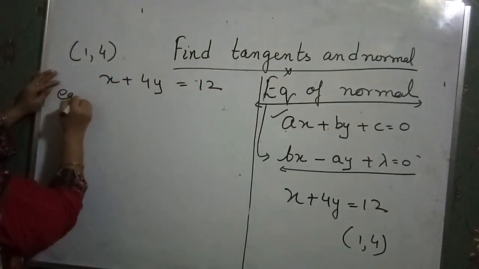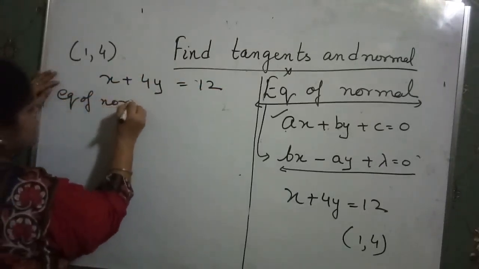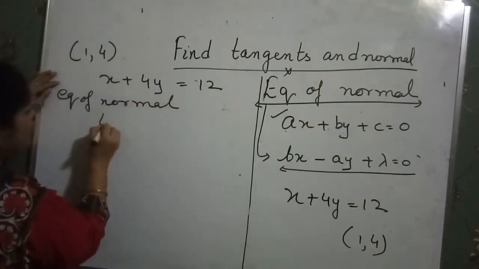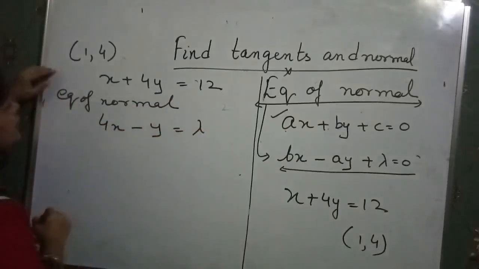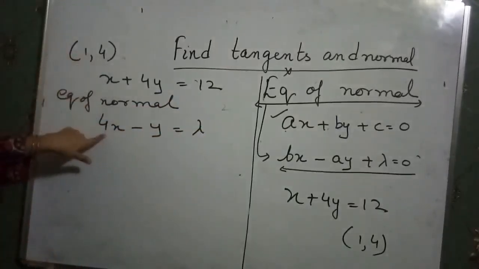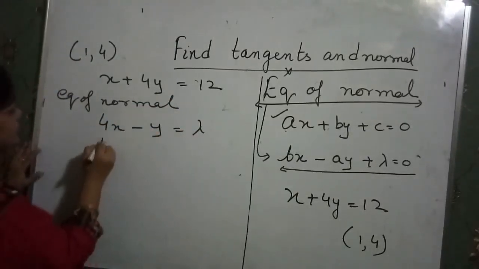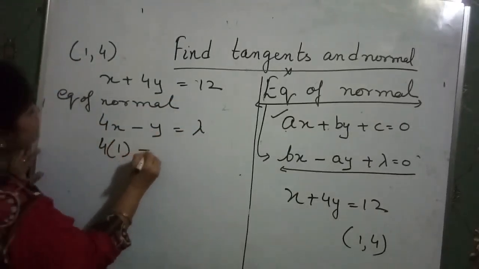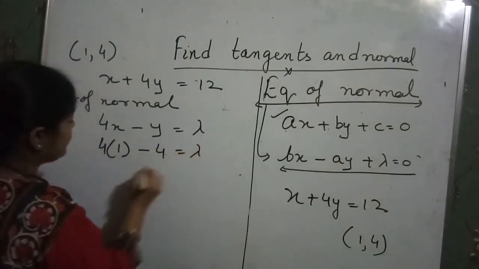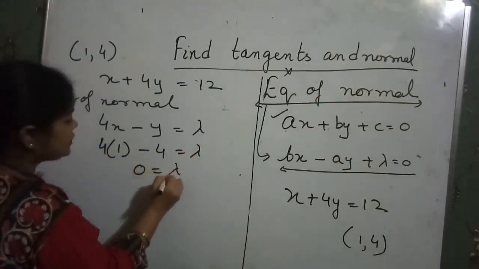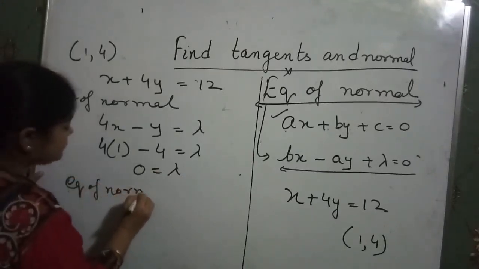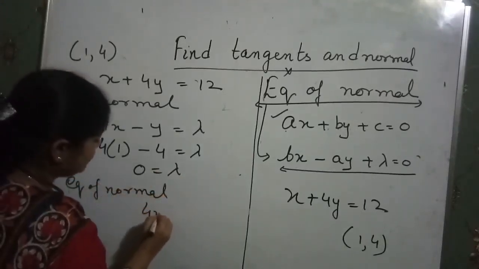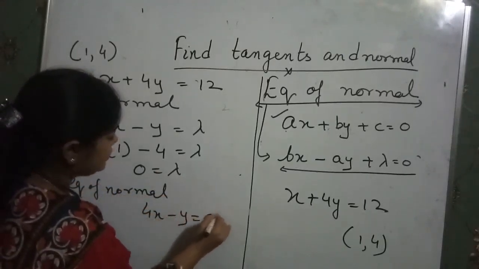So equation of normal is 4x minus y is equal to lambda. Now put the values of x and y here and find out the value of lambda. So we have 4 into 1 minus 4 is equal to lambda. So we have lambda is equal to 0. So simply the equation of normal is 4x minus y is equal to 0.